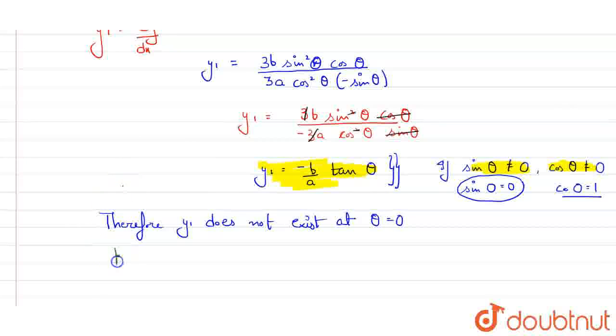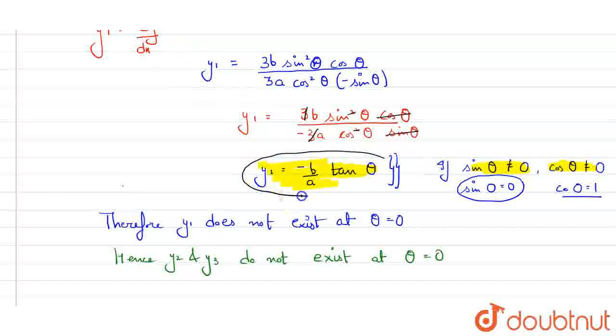That hence y2 and y3 do not exist, because if y1 is not existing, then how will y2 and y3, the second and third derivatives, exist? Okay, do not exist at theta equals to 0.